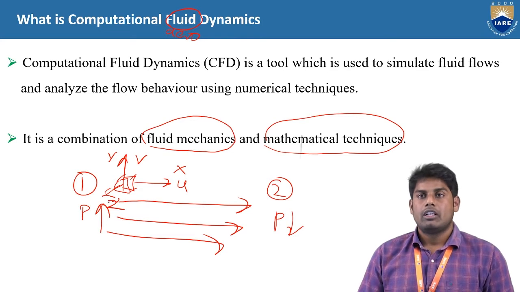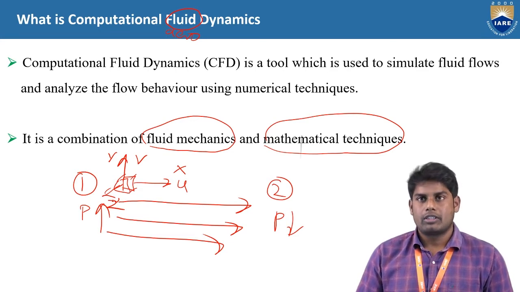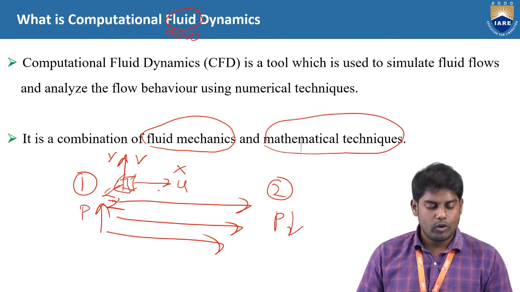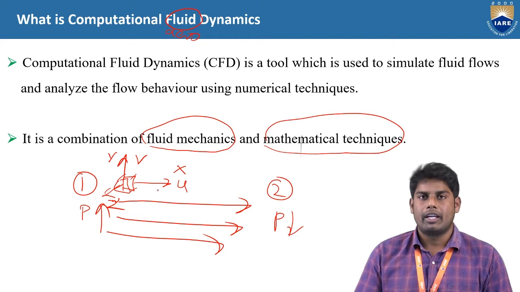If you see kinematics and dynamics, it will have a position and a velocity. When a fluid particle, air or water, is moving from one point to another, you need to know its position and its velocity. That is very important, and also what forces are acting on it for the motion.